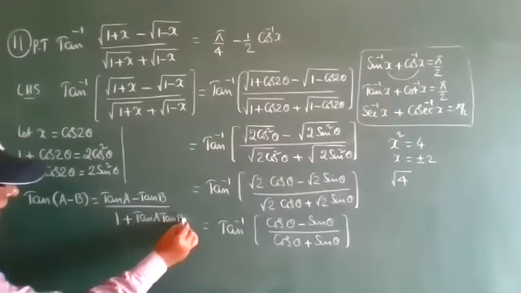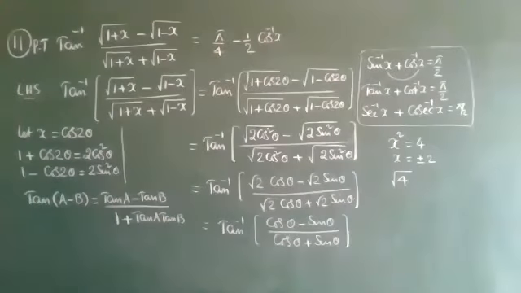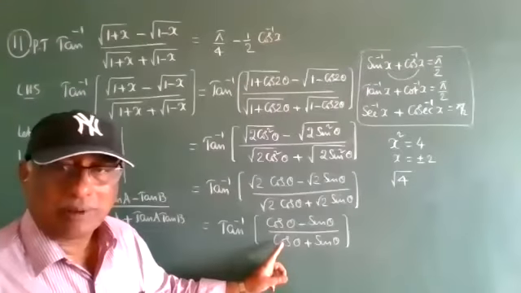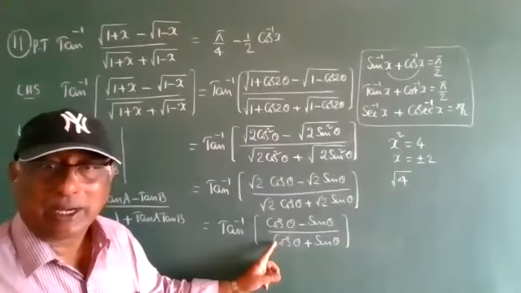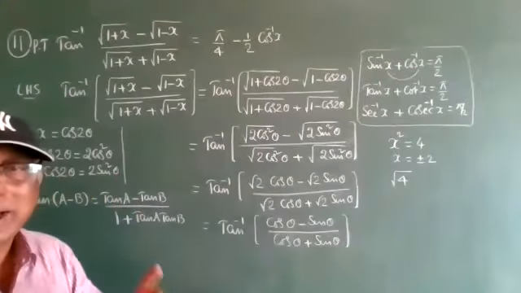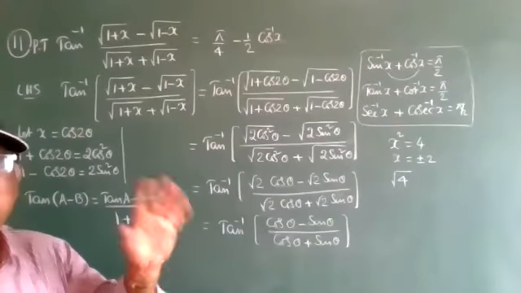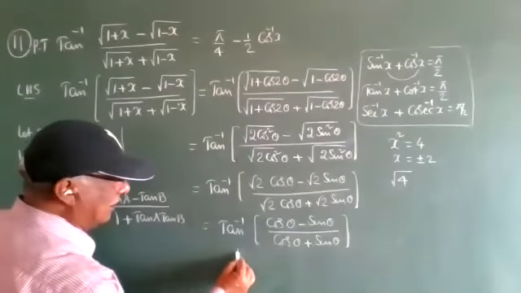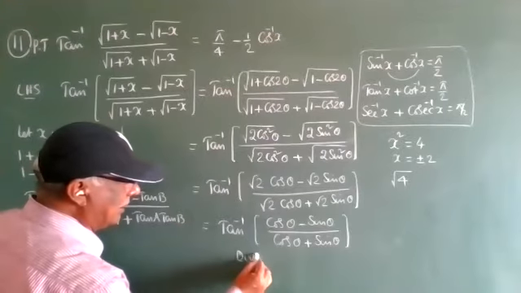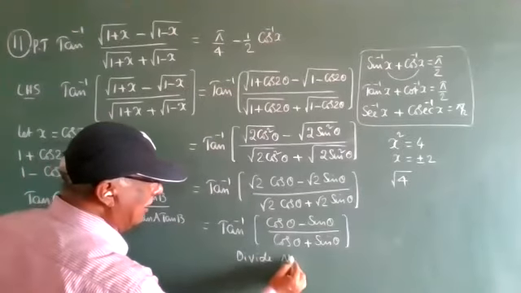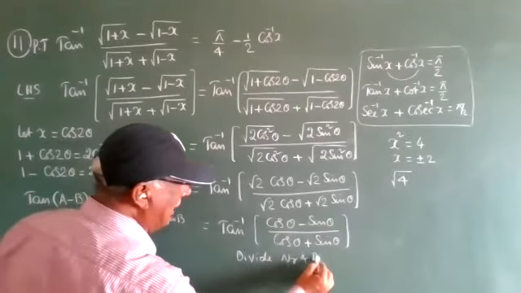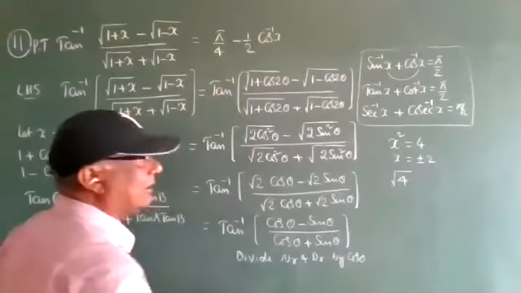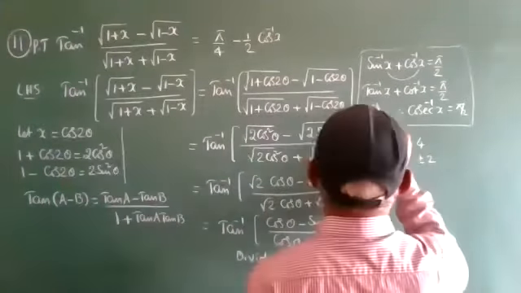Now 1 is needed, which means in the denominator cos place the 1 is needed. Immediately divide numerator and denominator by cos theta, everyone.